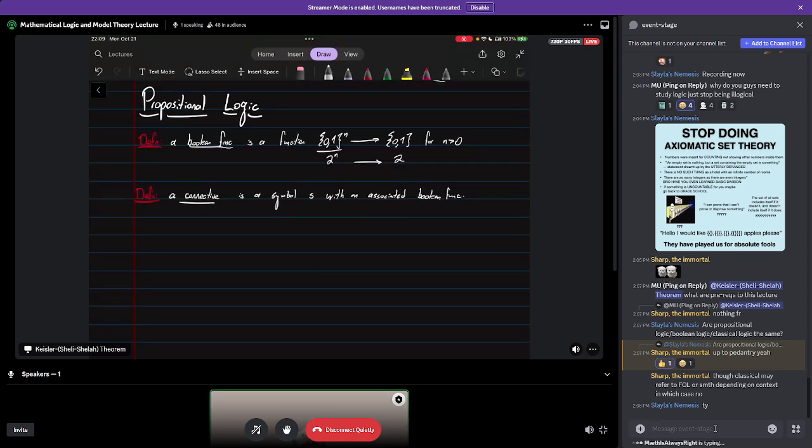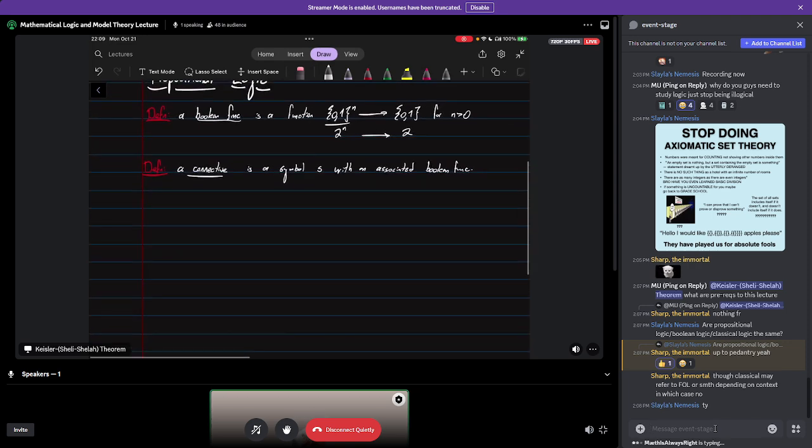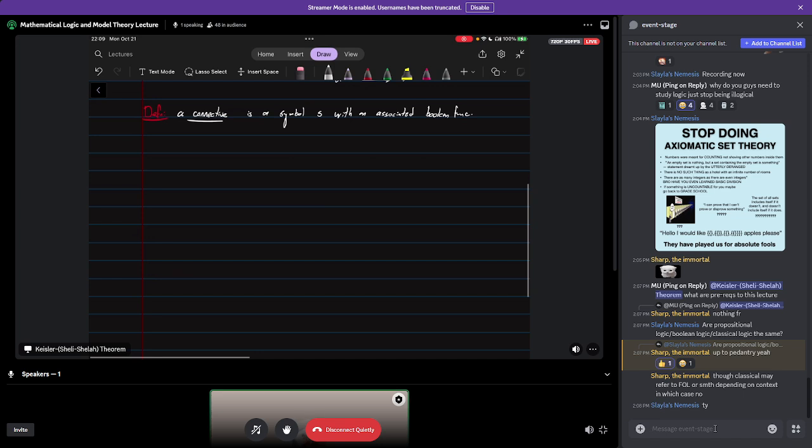So for example, I can define the connective "and", which will be given the symbol of this wedge. It's also called a conjunction. And we can define it: it will be given a function from {0, 1} squared to {0, 1}.